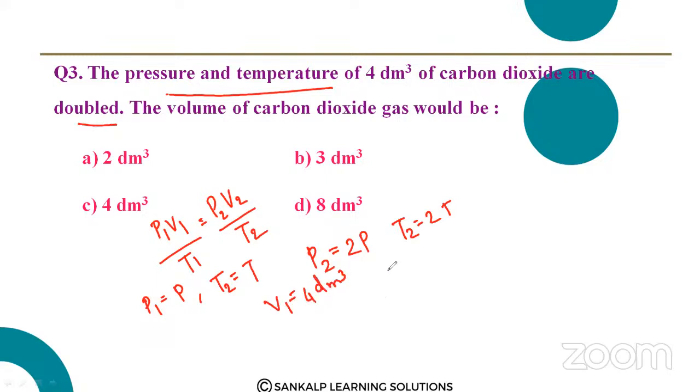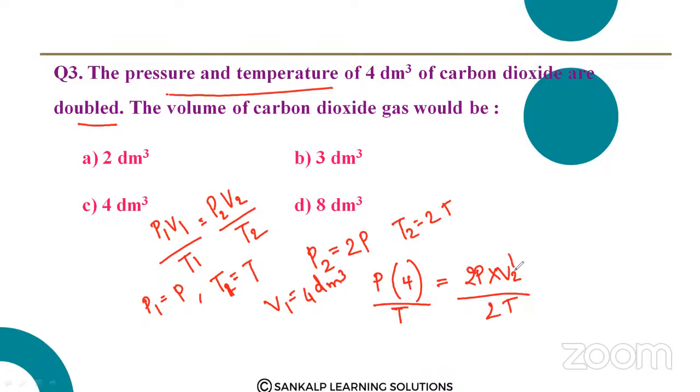So substitute: P1 is P, V1 is 4, T1 is T, equals P2 which is 2P, V2 we don't know so keep it V2, and T2 is 2 times T.